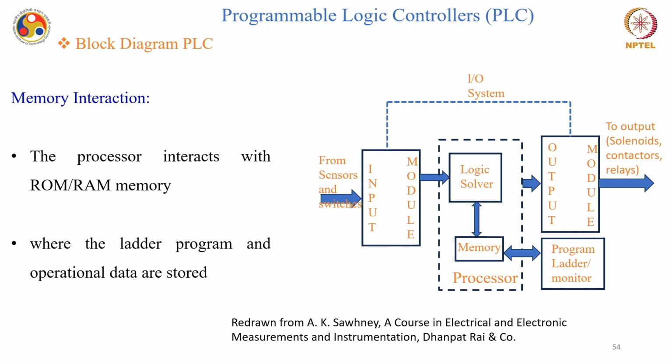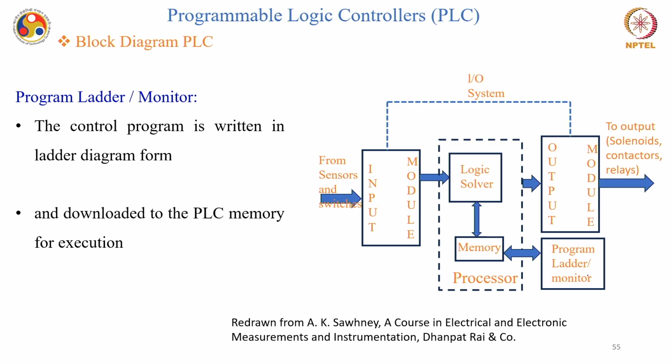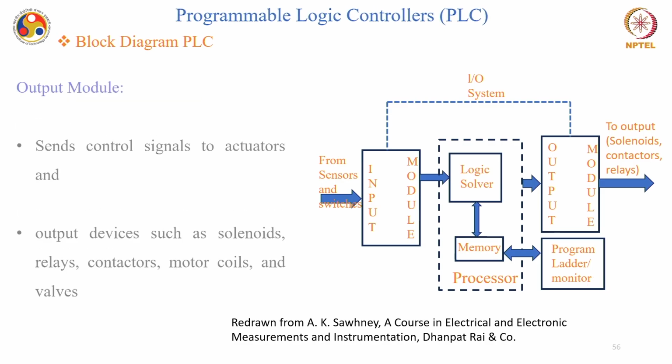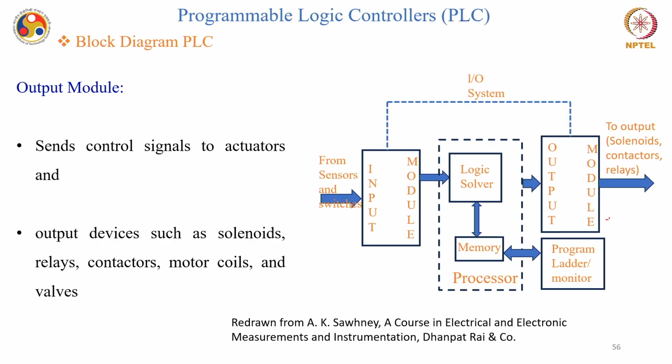Then we have memory interaction. The processor interacts with the RAM or ROM of this device, where the ladder program and operational data are stored. Then we have a programmable ladder or monitor. The control program is written in ladder diagram form and downloaded to the PLC memory for execution. Then we have the output module.